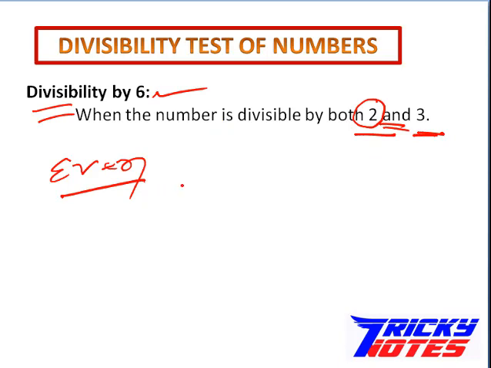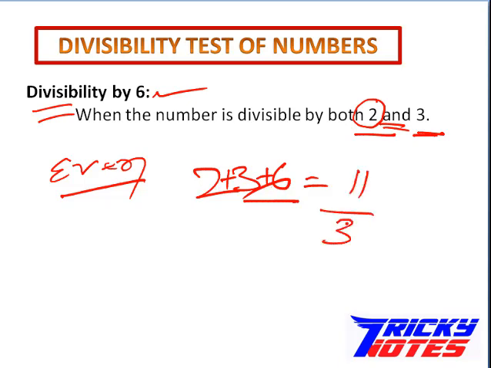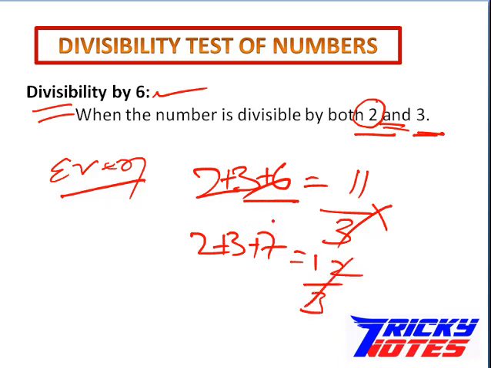Let us say 236. 2 plus 3 plus 6, it's an even number, but the summation is 11, so it is not divisible by 3. 237: 2 plus 3 plus 7, it is 12. It is divisible by 3, but it's not an even number, so it's not divisible by 6.